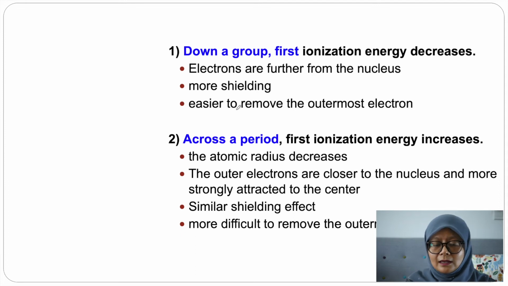Second, across a period, the first ionization energy increases because of the smaller size of the atoms. Atomic radius decreases, so the outer electrons are closer to the nucleus, with stronger attraction to the center, but we still have a similar shielding effect, and it is difficult to remove the outermost electron. That's why the first ionization energy increases across a period.